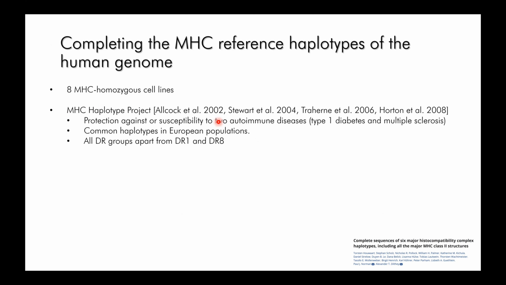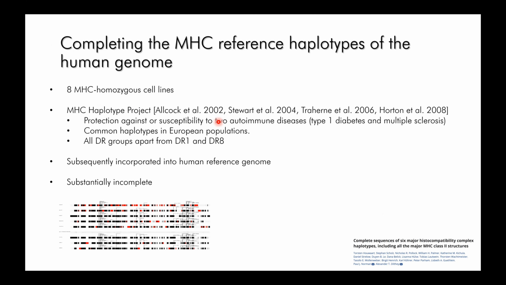And they also comprise all DR groups apart from DR1 and DR8. So they're not fully representative, but they're a first step towards capturing relevant diversity in that region. And here I already showed you that visualization of the 8 haplotypes, where 6 are incomplete and 2 have already been resolved.